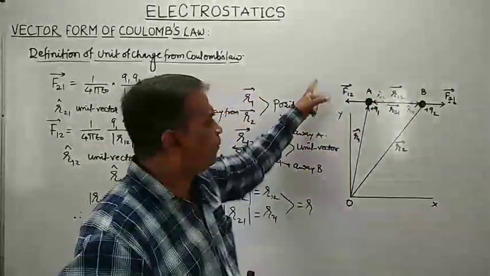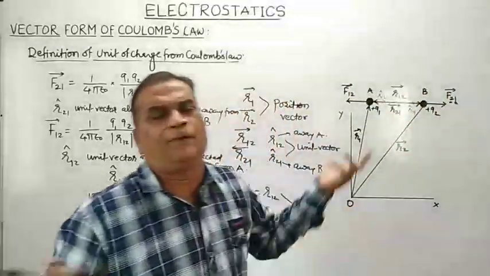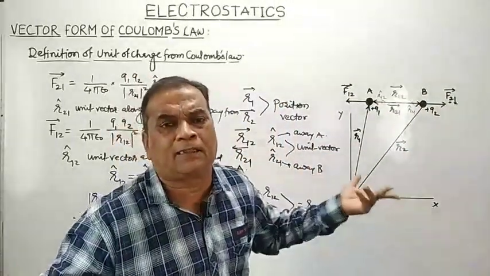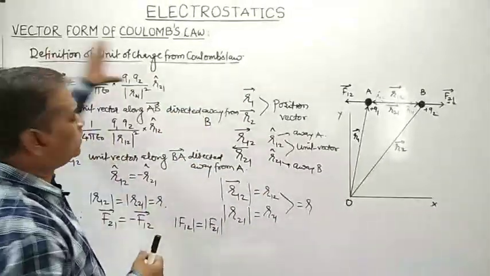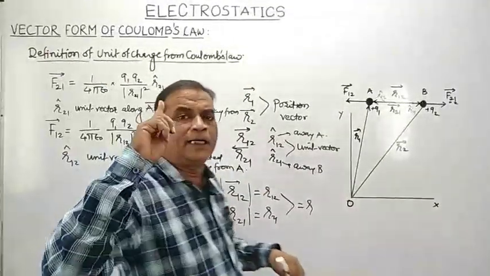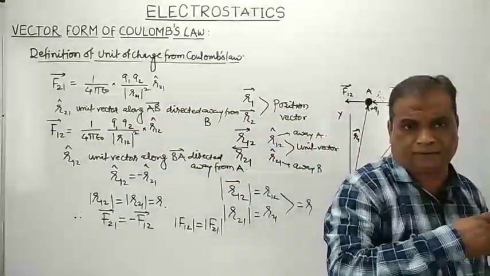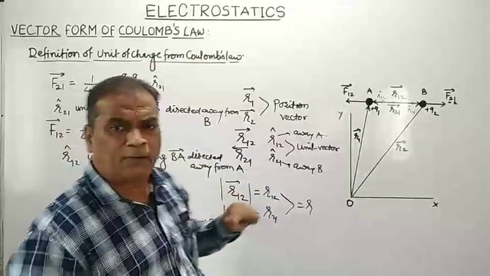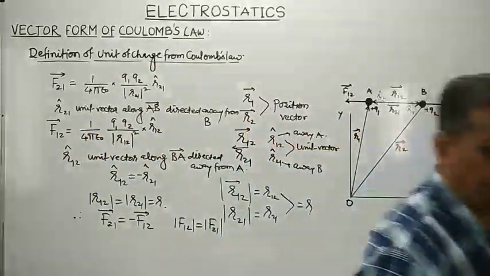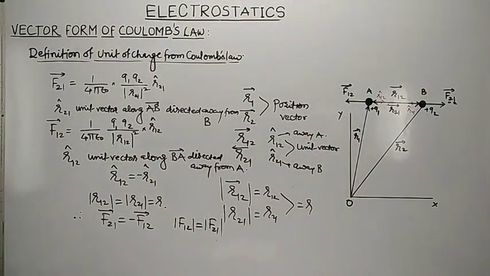It means F12 and F21 act like an action-reaction pair of forces. And the electrostatic force is a central force. That is the important point to be noted, that the electrostatic force of attraction or repulsion is a central force.